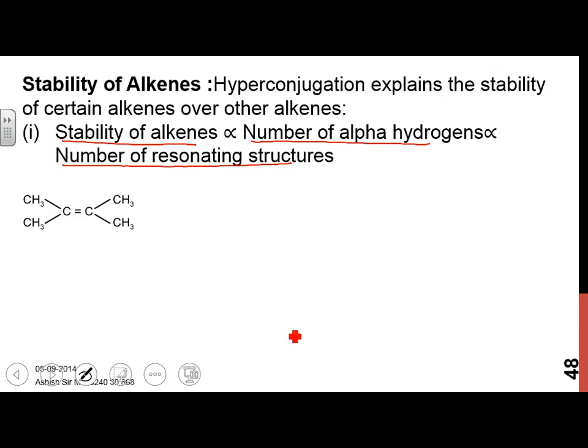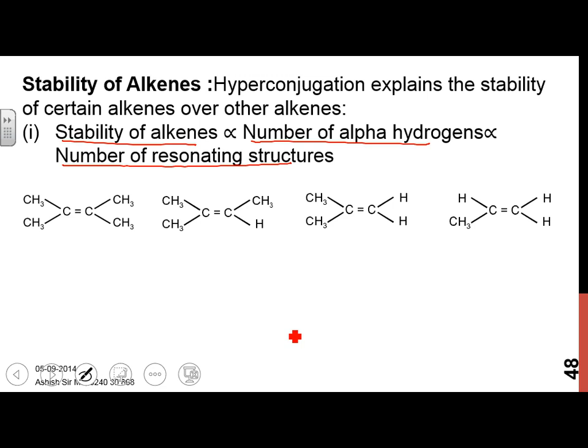See here, I have 4 alkenes. How many alkenes do I have? 4. In the first alkene, this is sp2, even this is sp2 carbon. In fact, each one of them has 2 sp2 carbons. Am I correct? But this one has 4 alpha carbons, 1, 2, 3, and 4, and this one has only 3 alpha carbons.